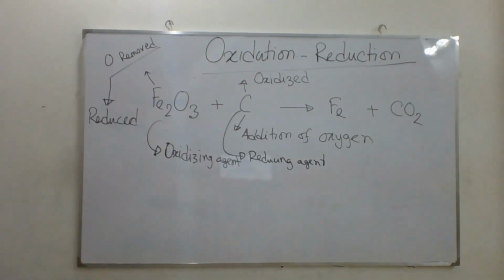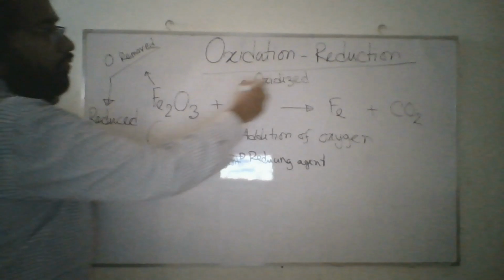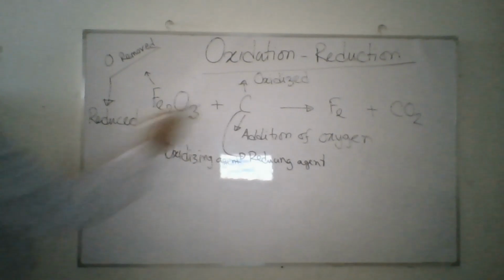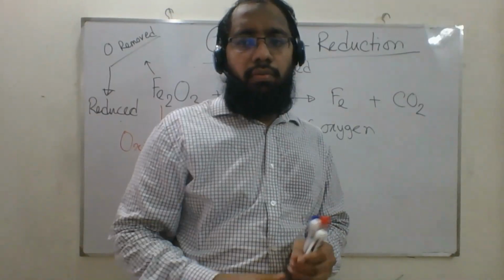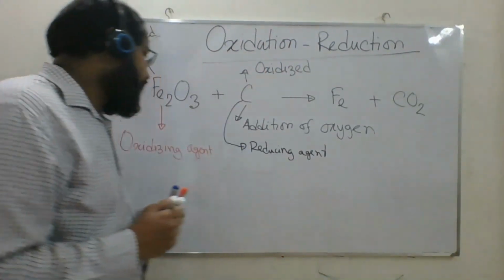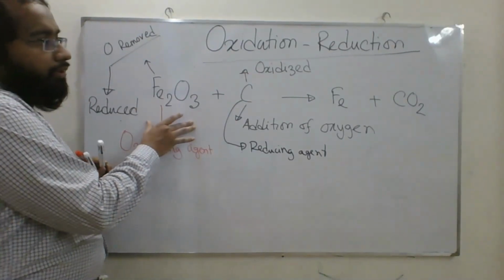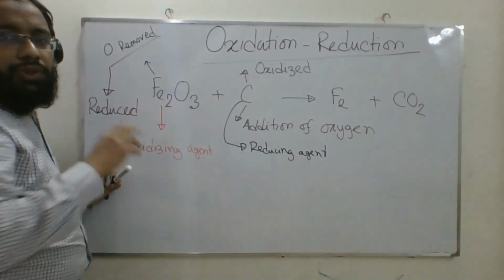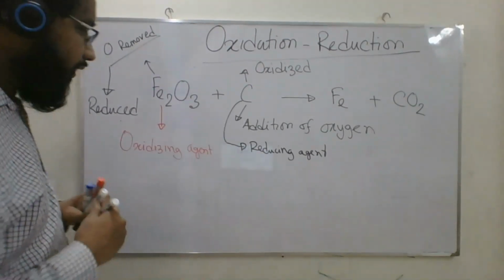Now, if you look, the oxidizing agent gets reduced to oxidize carbon. The reducing agent gets oxidized to reduce. So an oxidizing agent oxidizes someone and itself gets reduced.